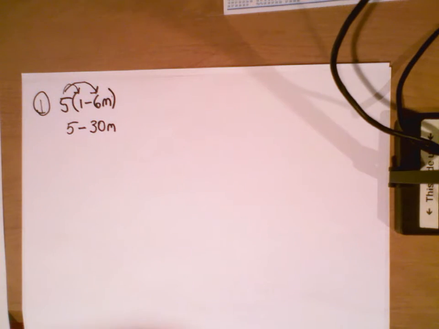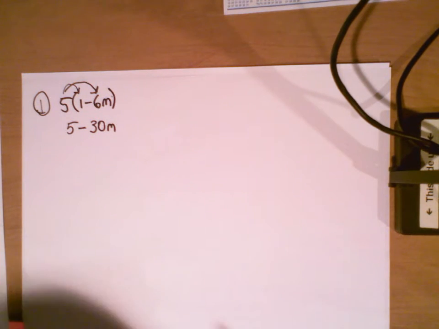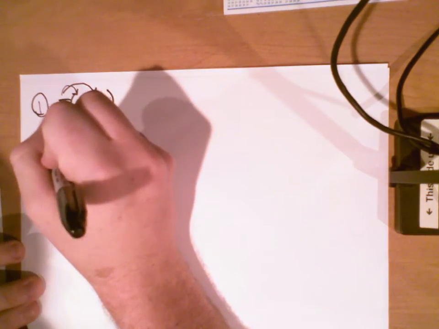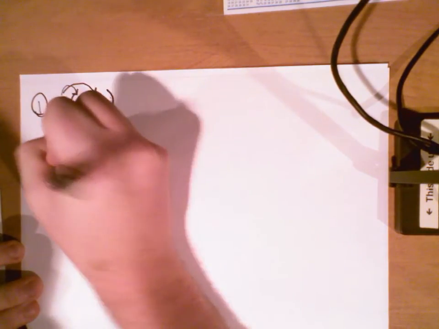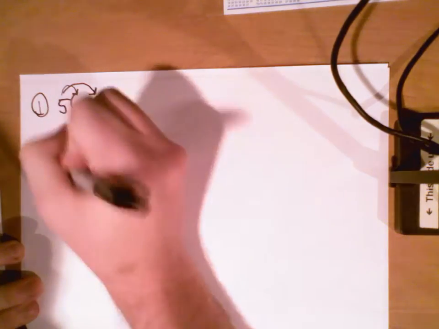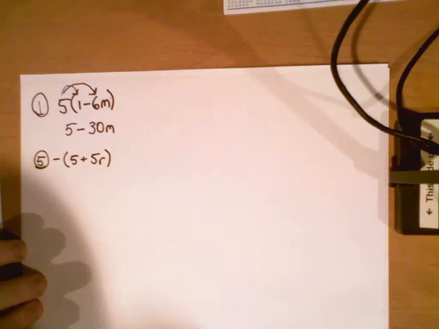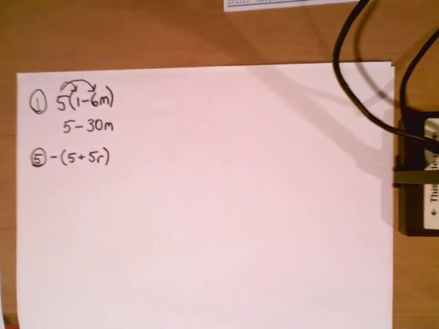For example, let me show you number 5. Number 5 on our first worksheet doesn't really have a number. It's just a negative sign, then 5 plus 5r. So again, on distributive property practice 1, I'm on number 5, and I'm looking at this problem as an example.